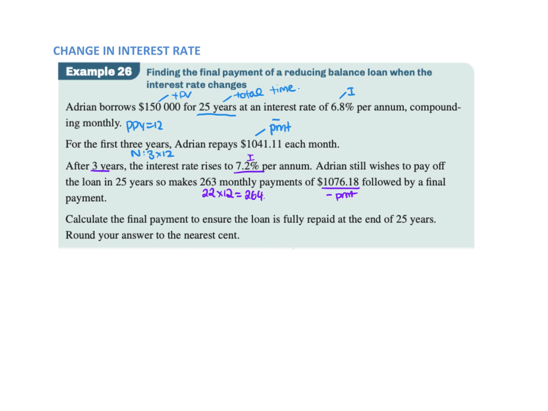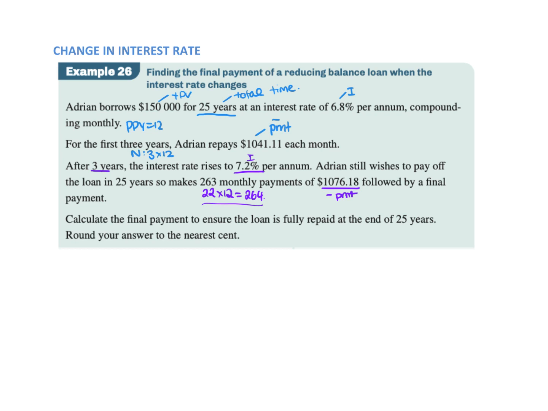So that's what they're talking about. There'd be 22 more years to go, so we would have 264 payments at this new payment, 1,076. But they're saying 263 because you're going to adjust the last one.